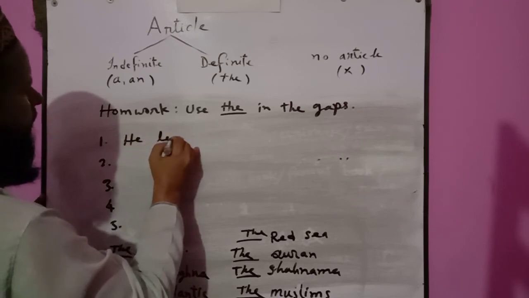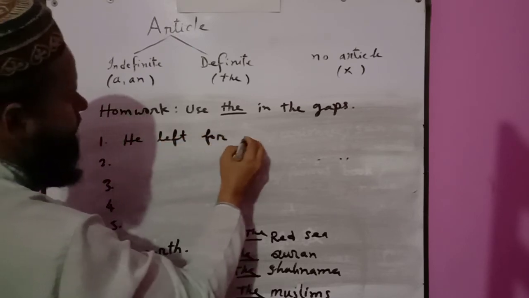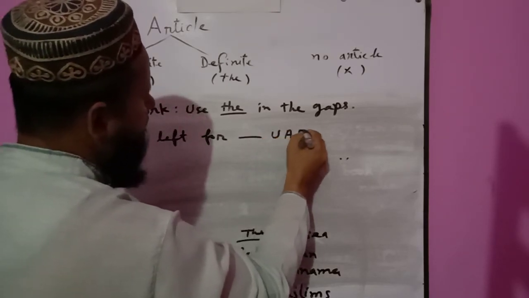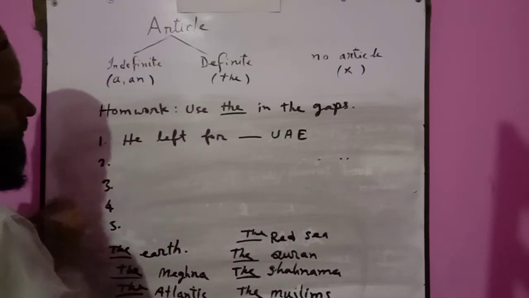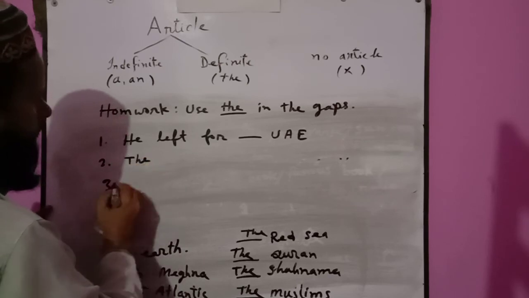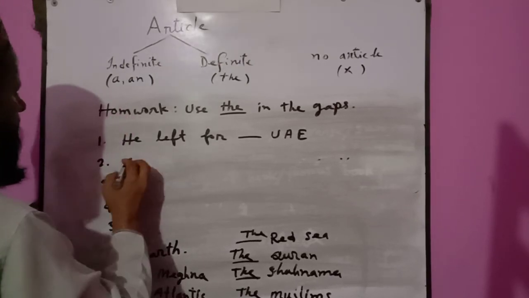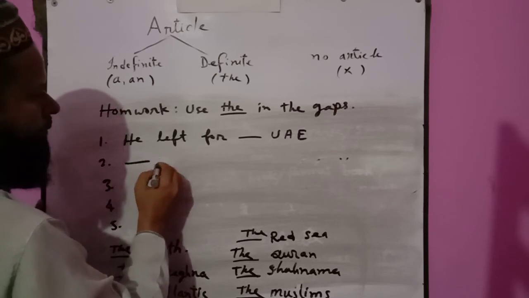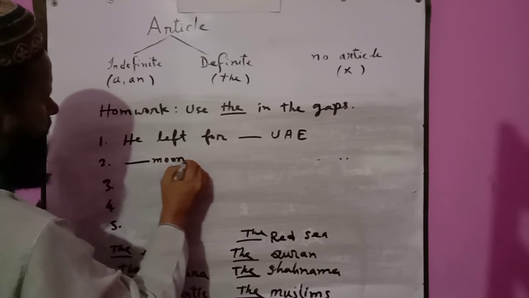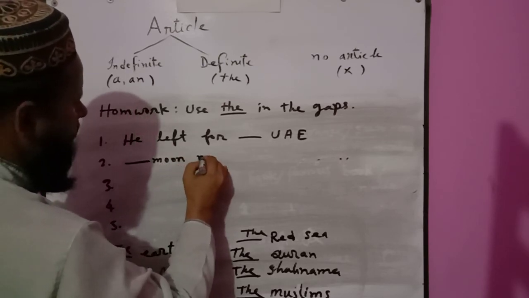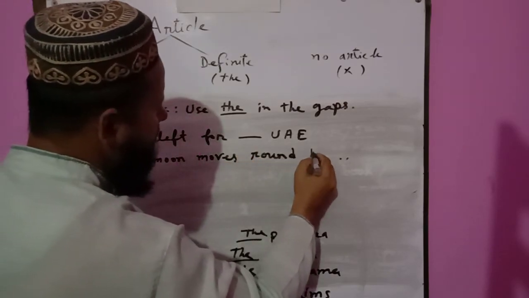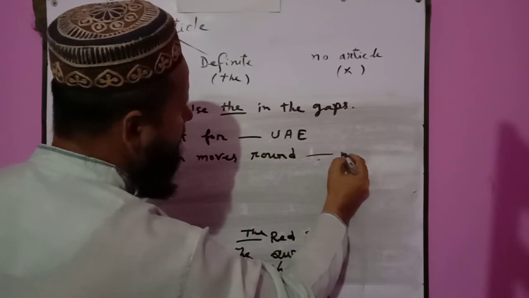A left for dash UAE. Moon, that's moon moves round dash earth.